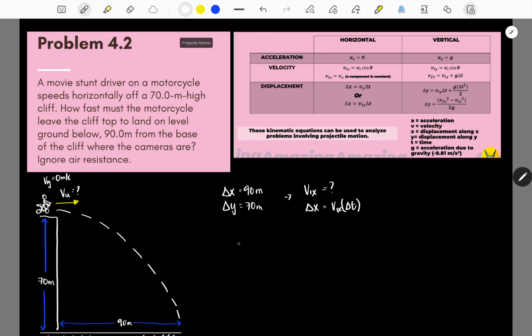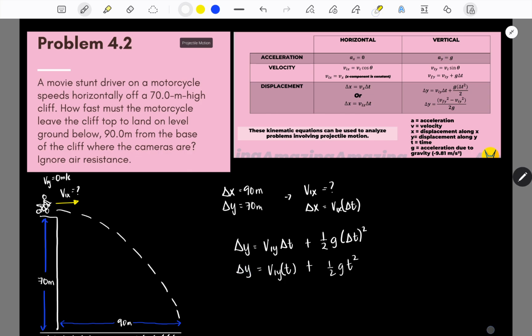Again, we will be using the equation delta y equals VIY delta t plus 1/2 g delta t squared. We can also write it this way: VIY t plus 1/2 g t squared.